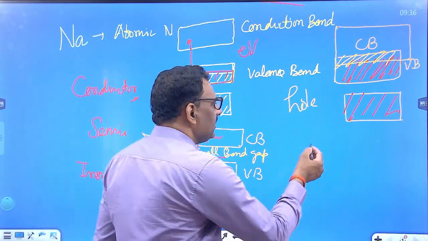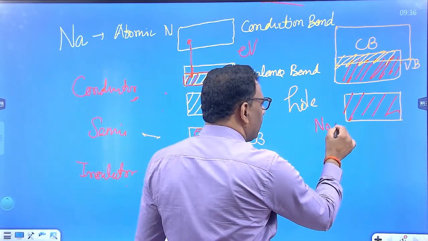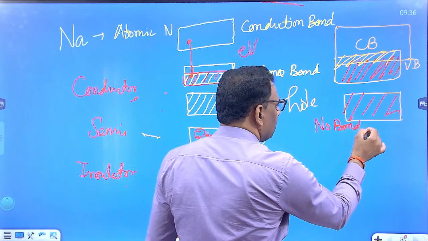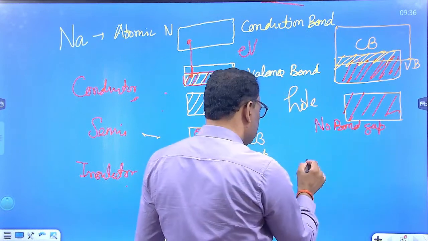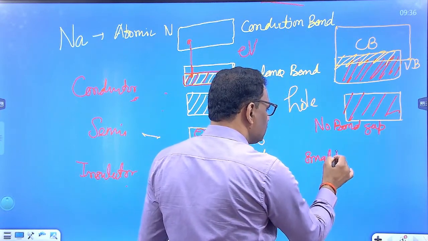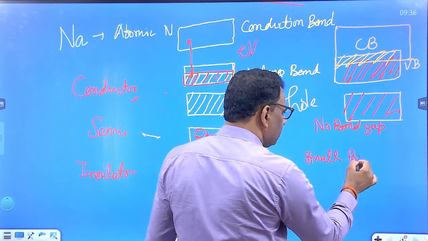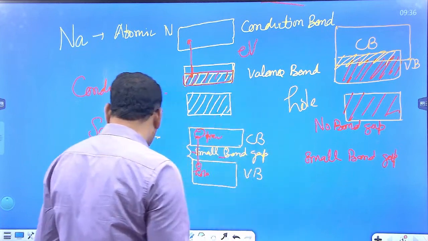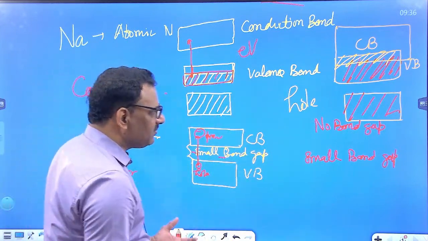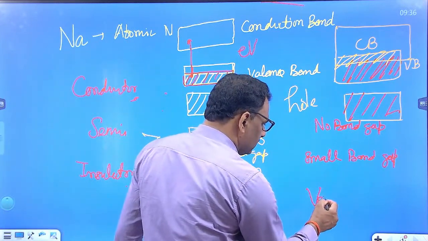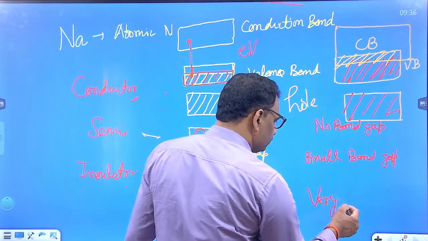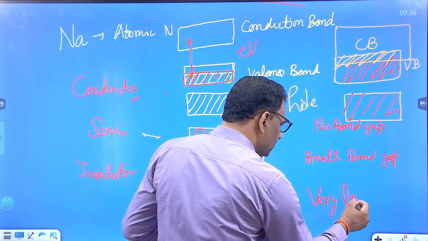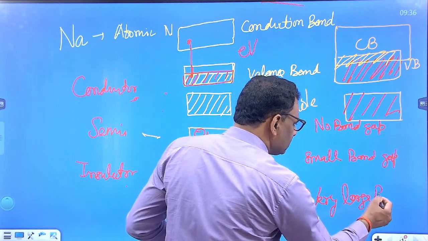So you can say in metal there is no band gap, in semiconductor we have a very small band gap, and in insulator this gap is very high. A very large band gap you can say.